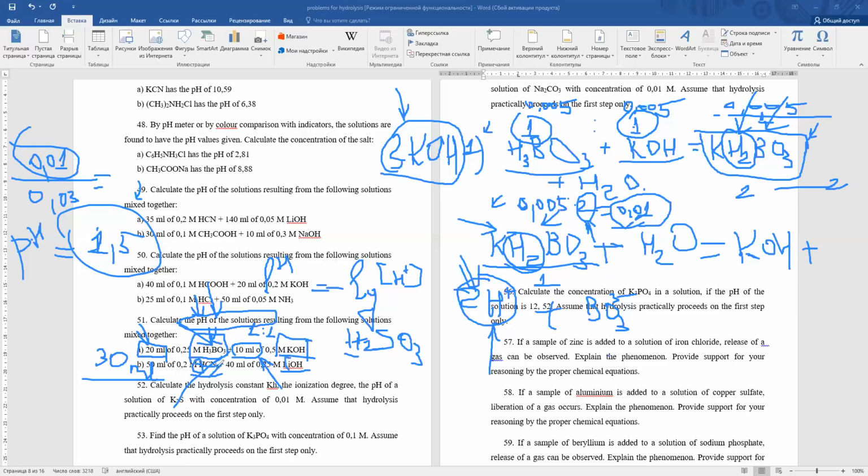There is no second step and no third step. When it comes to multiple hydrogen-containing acids, you have to be careful. Find the ratio, write the reaction and which step can occur, and then find the concentration of the hydrogen cations. That's it. Is that clear?